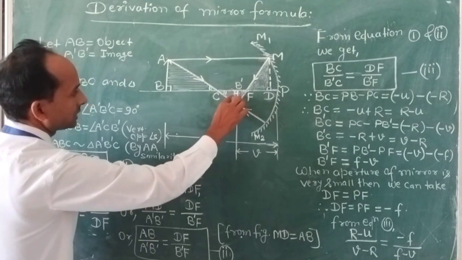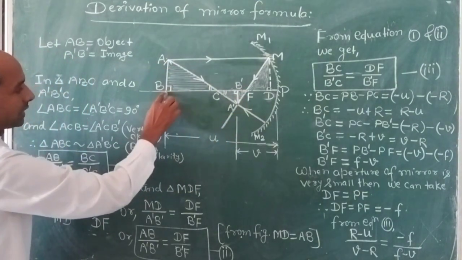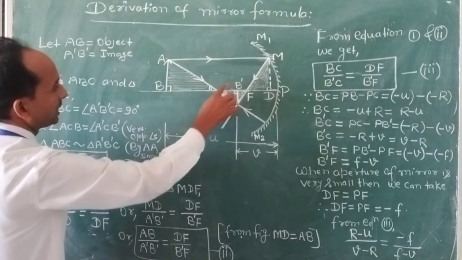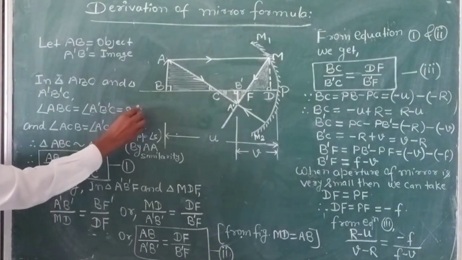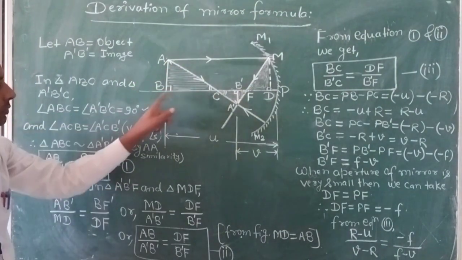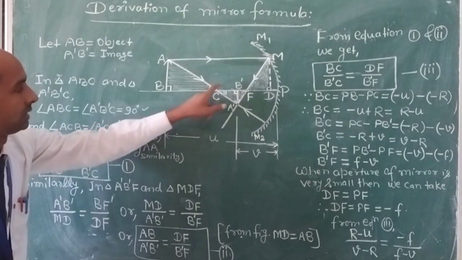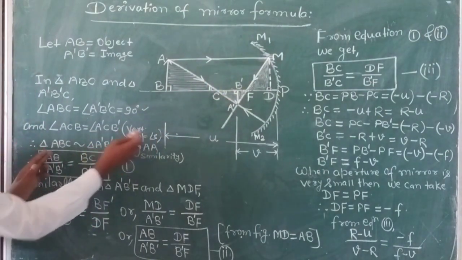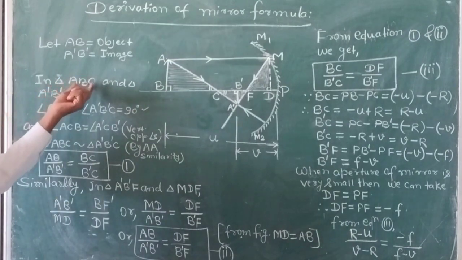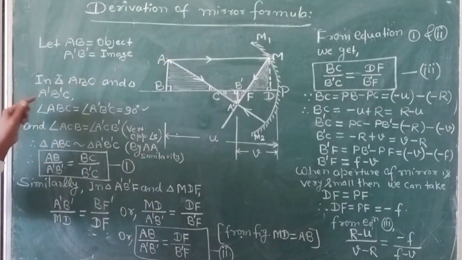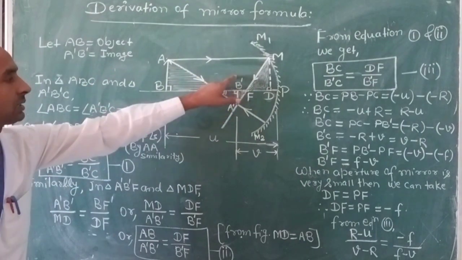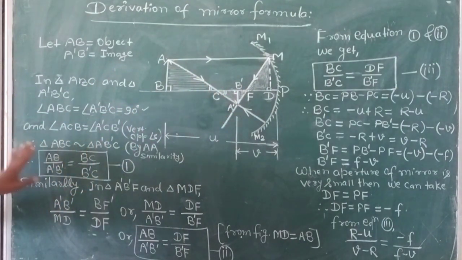Therefore the angles ABC and A dash B dash C are both 90 degrees, and the angles ACB and A dash C B dash are vertically opposite angles.